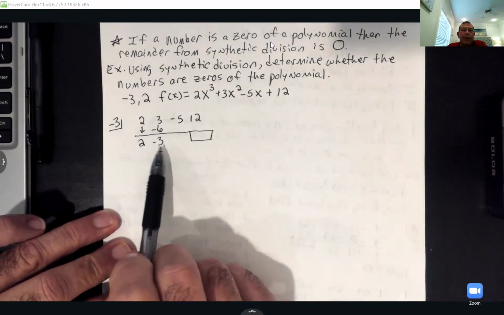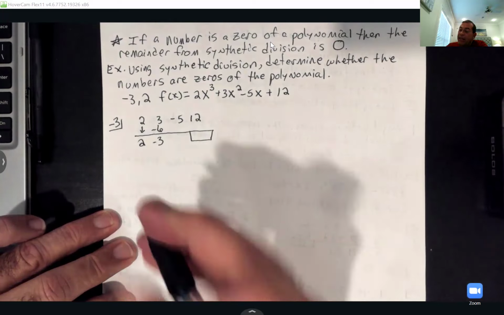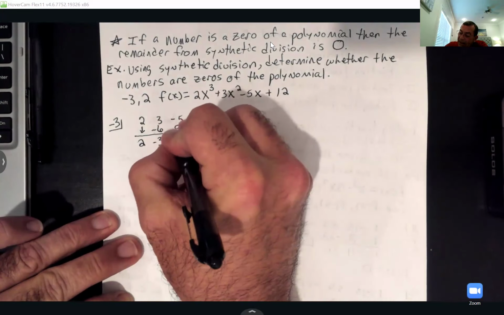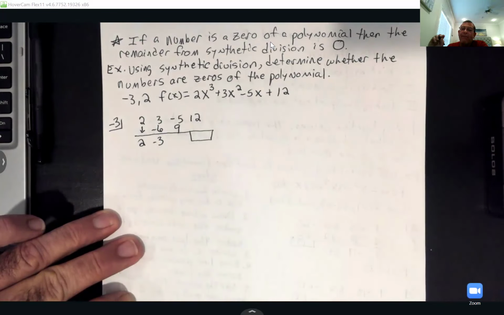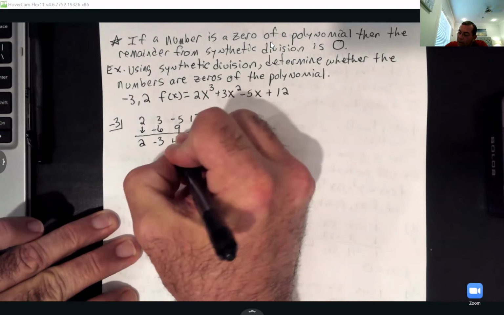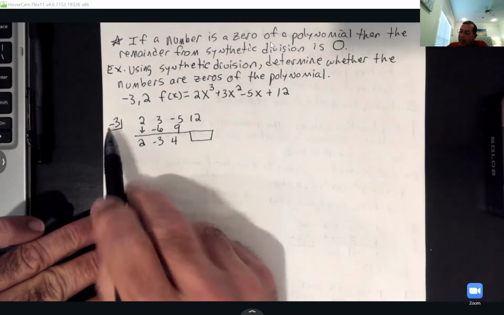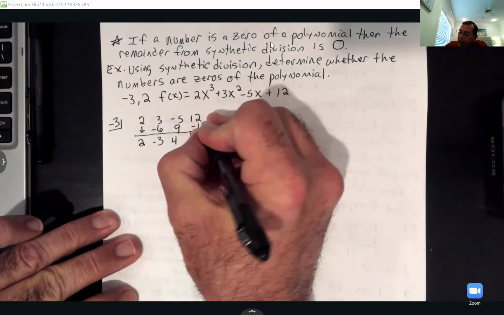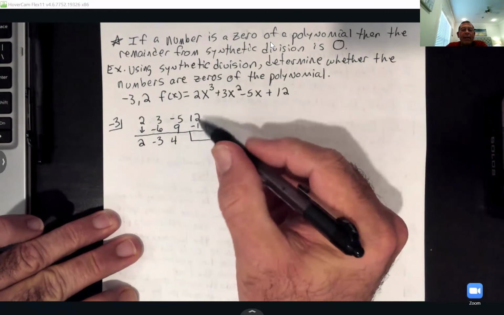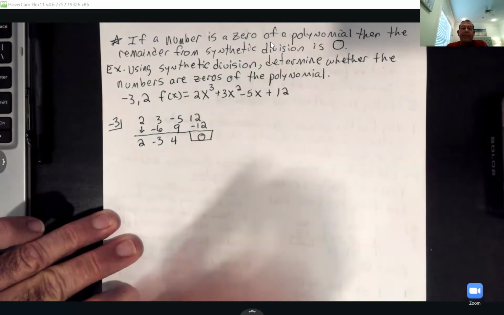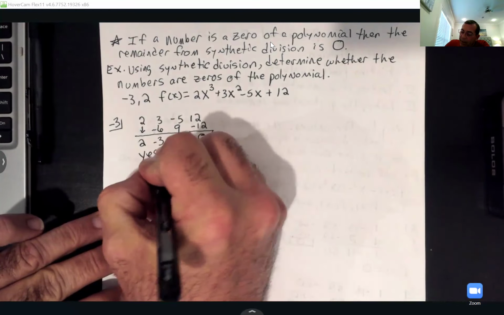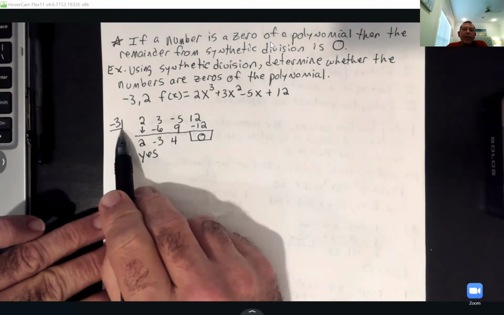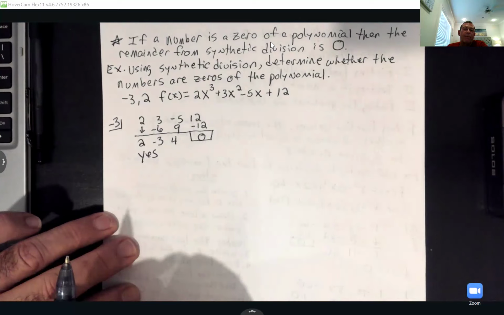Let's see what we got here. -3 times -3 is 9. -5 and 9 give me 4. And y'all look at that. 4 times -3 is -12. When I add them together, I get a 0 remainder, which means, yes, -3 is a 0 of that polynomial.